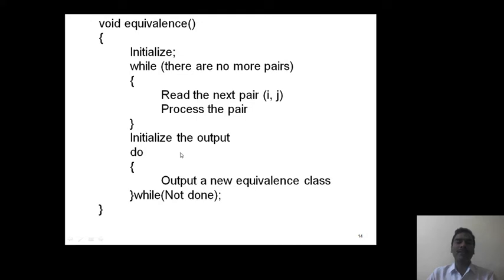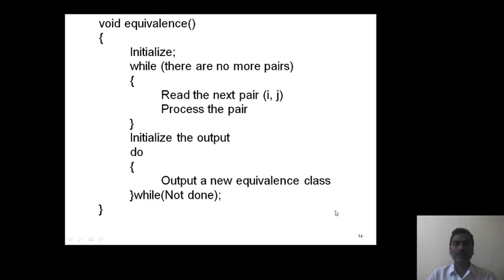For output, initialize the output, do { output a new equivalence class } while not done. Now the implementation part is completed. It shows a general view to identify equivalence classes.